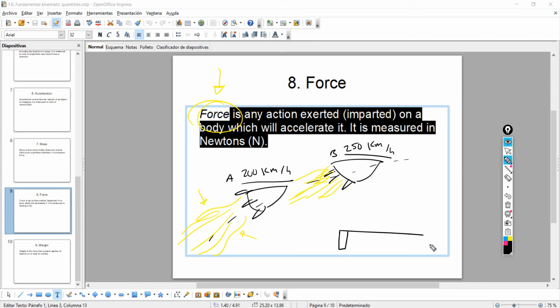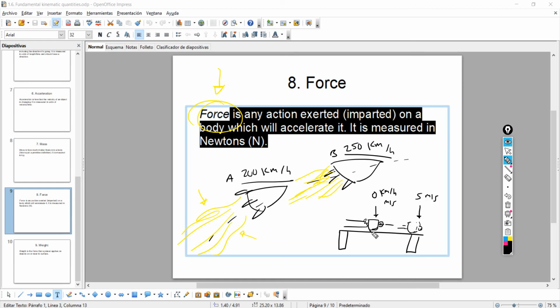If I have a table and I have a cup of coffee or whatever, and if this cup is at rest, and I come and push it with my hands, I will observe that this cup will change its velocity from 0 meters per second to some other velocity, let's say 5 meters per second.